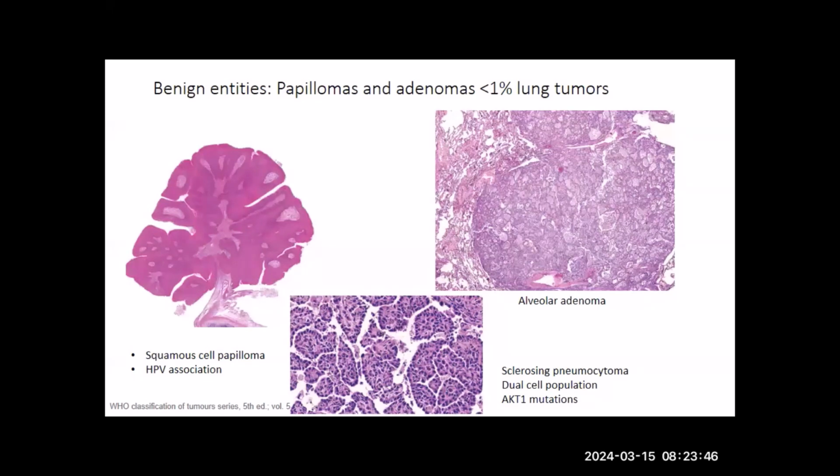Why are these entities important? In small biopsy specimens, it is sometimes difficult to distinguish these from invasive adenocarcinoma. So it is always important that we do immunohistochemistry for myoepithelial markers, because in all these entities there is a basal myoepithelial lining.